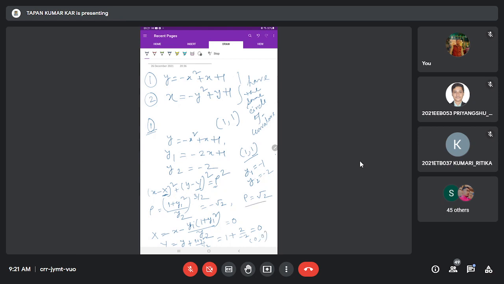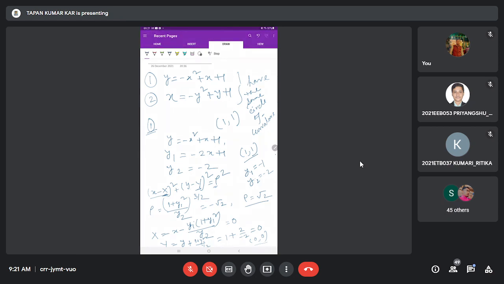Now the radius of curvature is rho equal to root 2, and the center of curvature is (0, 0). So what will be the circle of curvature? The formula is (x minus X) whole square plus (y minus Y) whole square equal to rho square, that is (x minus 0) whole square plus (y minus 0) whole square equal to root 2 square.